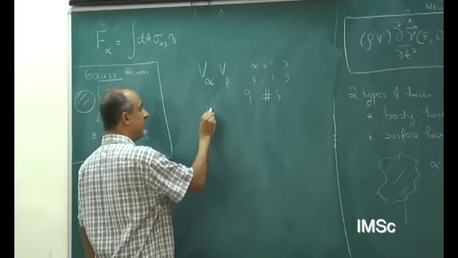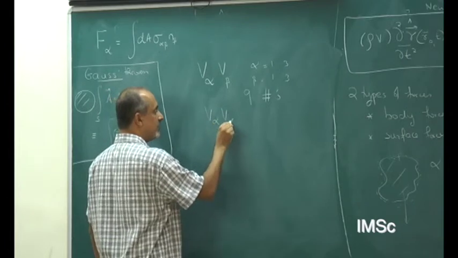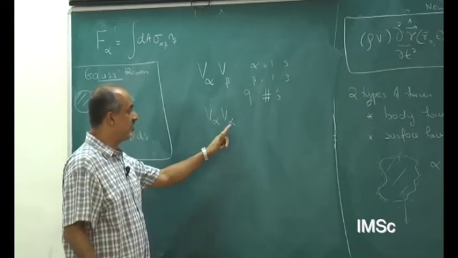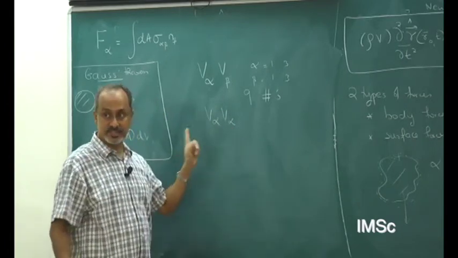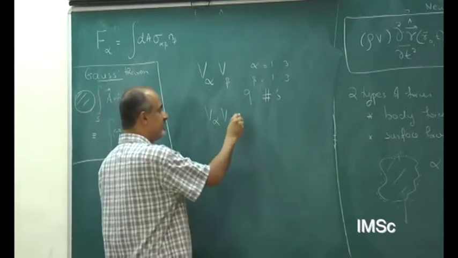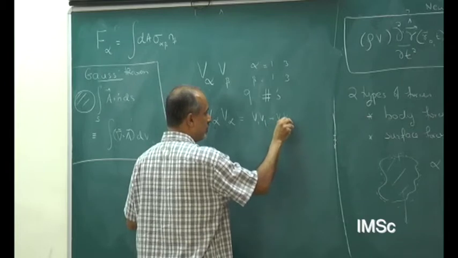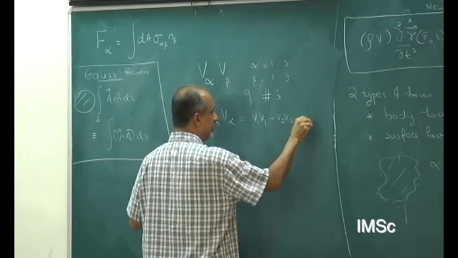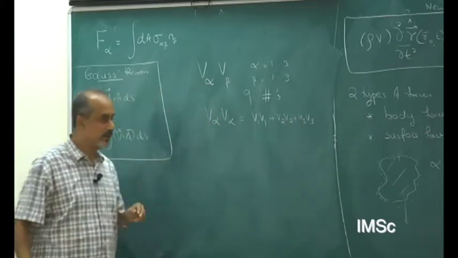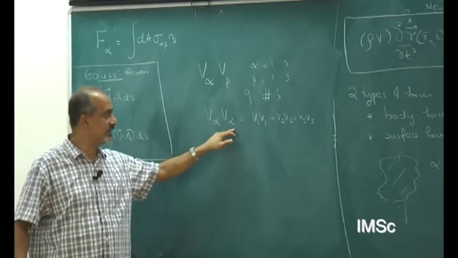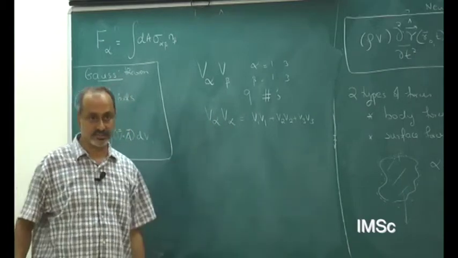However, the quantity V alpha V alpha, where these two indices appear together, has a special meaning. This is just V1 plus V2 plus V3. So whenever two indices appear together, I sum over those indices.